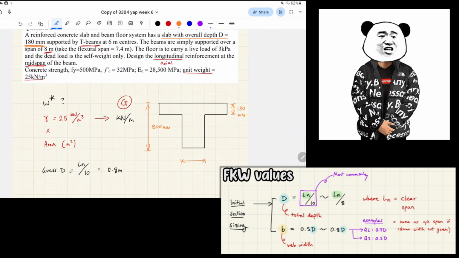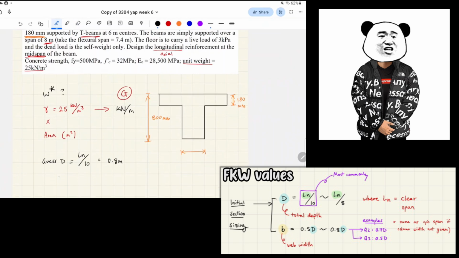Okay, what about BW, the web width? Is BW just 0.5 to 0.8 D? Just because I've seen the solutions, they say 0.7 D. Is there a way to actually figure out which value we multiply by D?